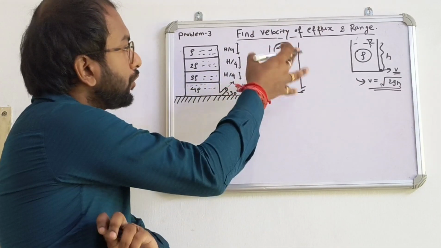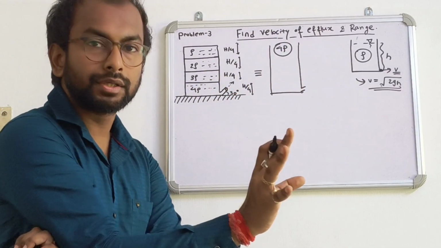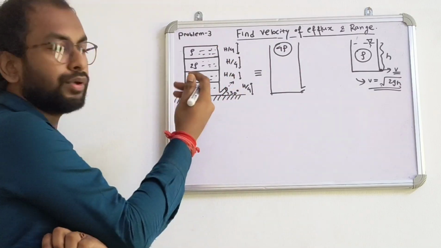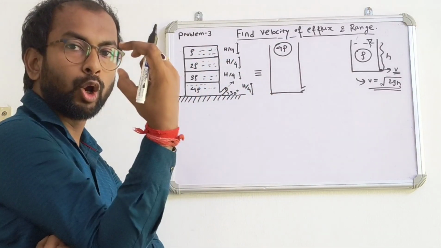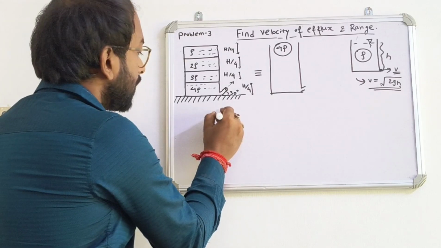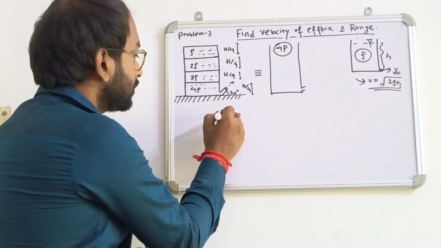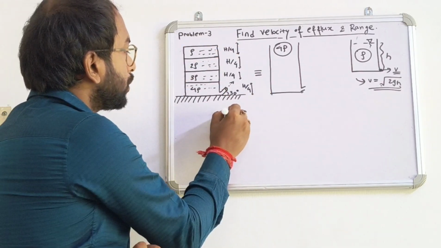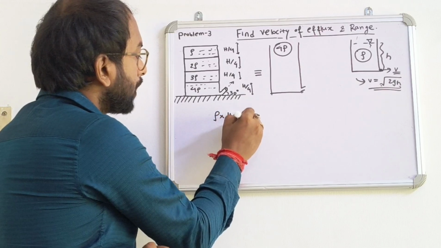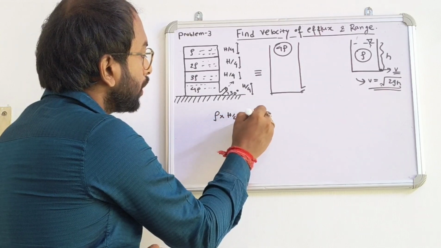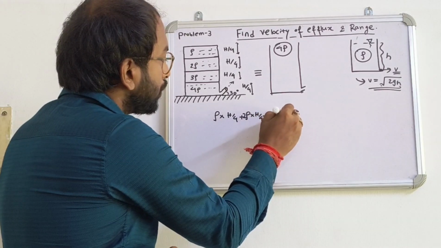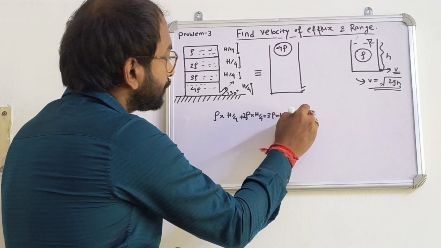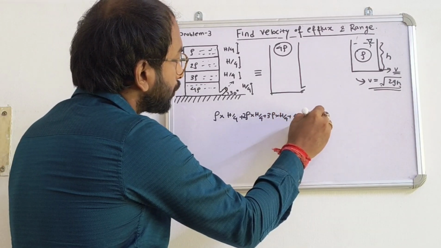So with the 4 rho density liquid, what will be the column height? Now what is the formula? Each of these density liquids I have to multiply with their column height, and take a summation of that. So rho into h by 4 plus 2 rho into h by 4 plus 3 rho into h by 4 plus 4 rho into h by 4.